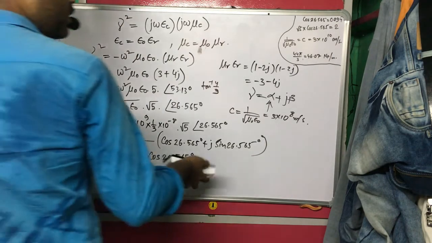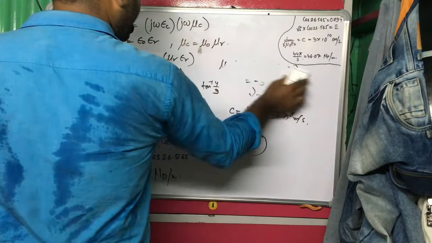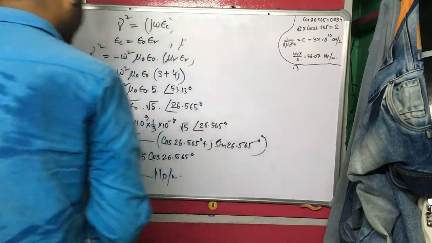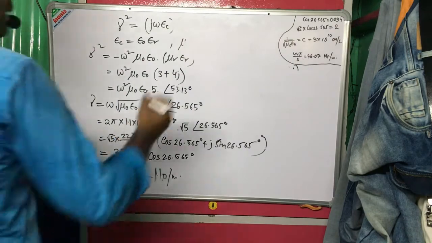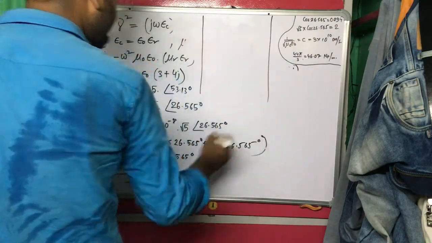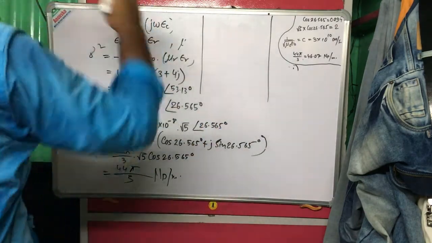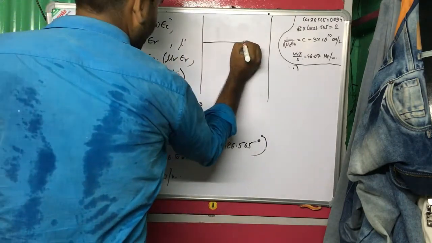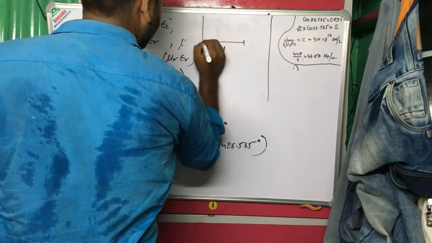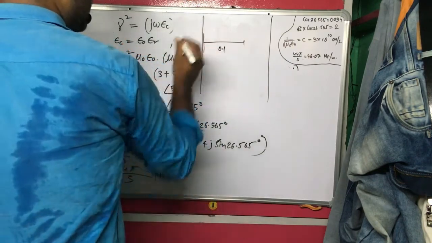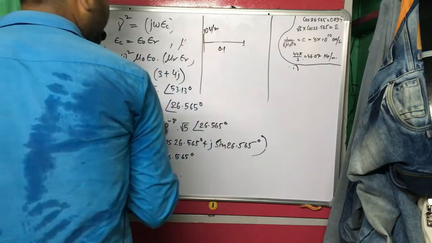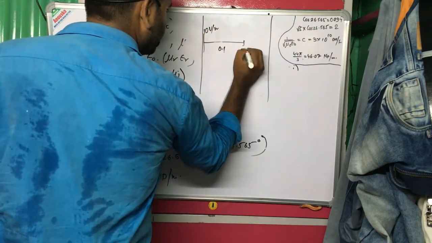Now we have to find the amplitude of the electric field inside the dielectric after 10 centimeter. 10 centimeter means 0.1 meter. The amplitude at the start is 10 volt per meter, so after 0.1 meter it will be E dash.